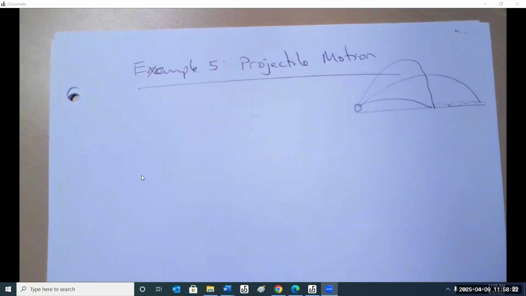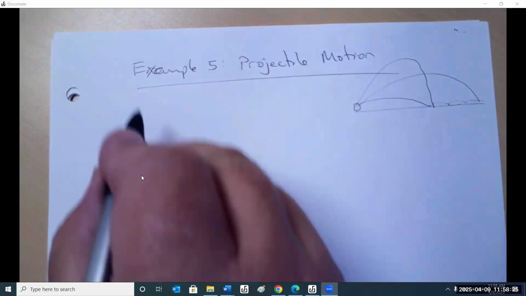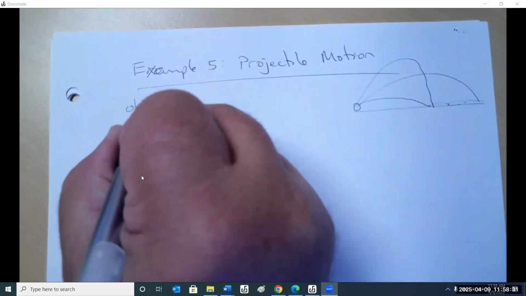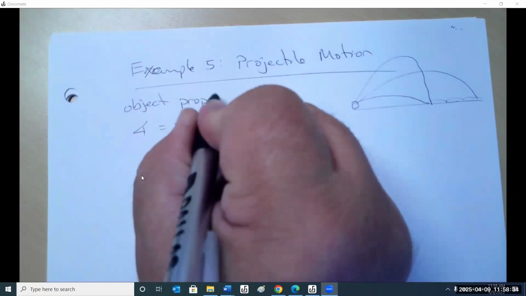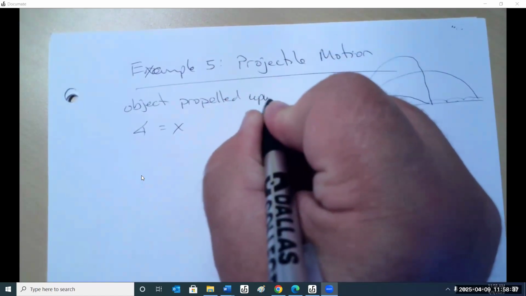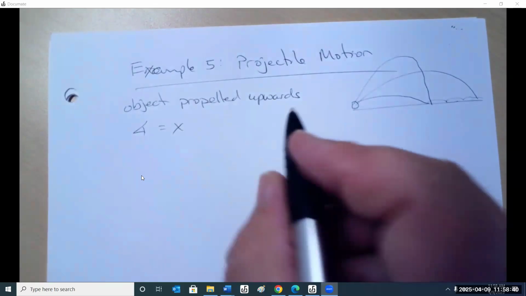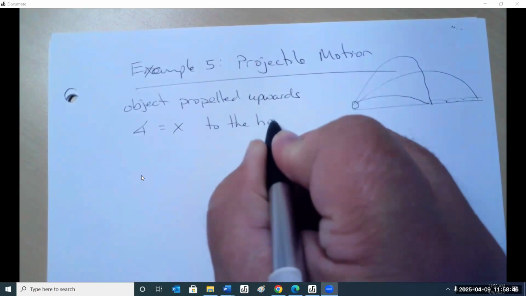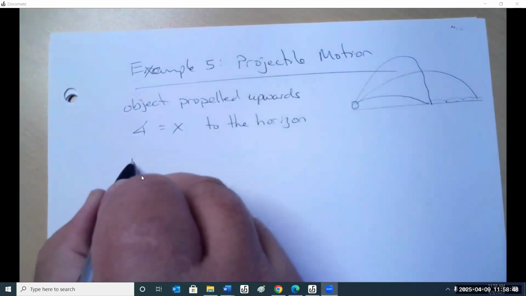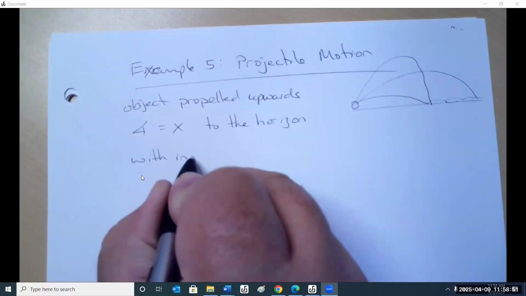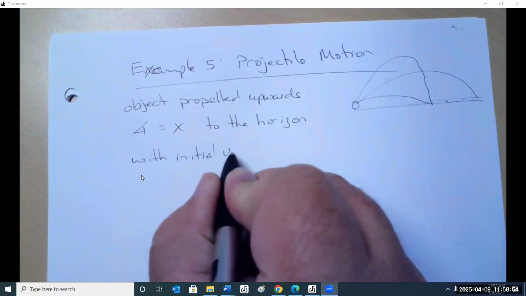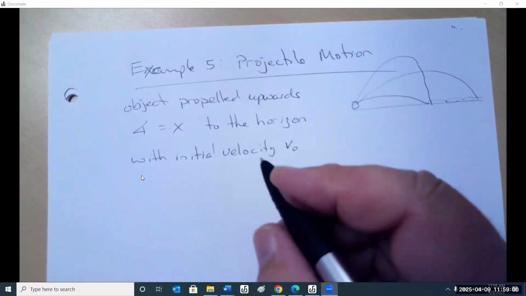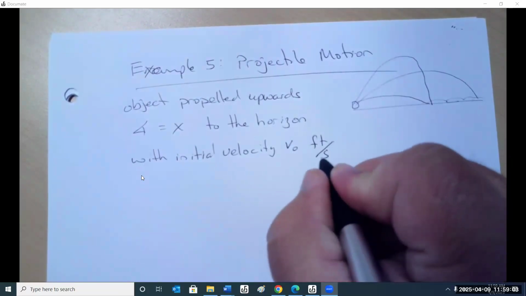All right, this one says an object propelled upwards at an angle X to the horizon, with initial velocity v sub 0 feet per second.